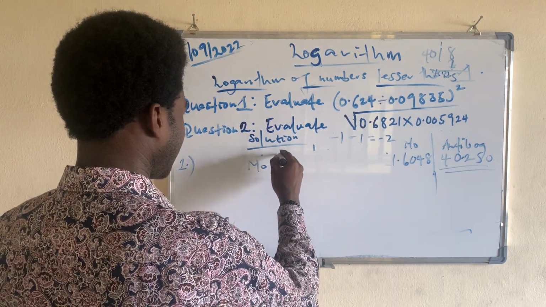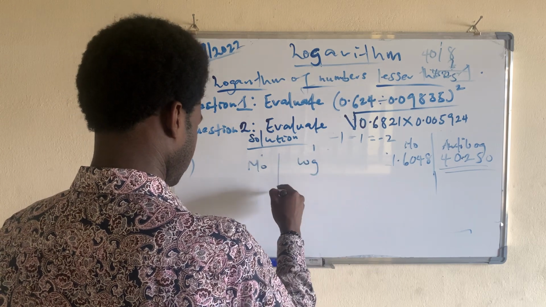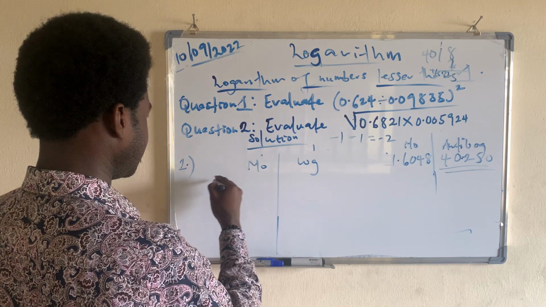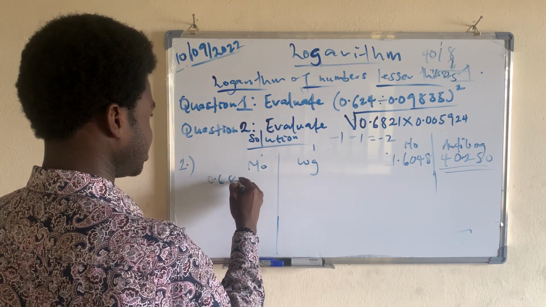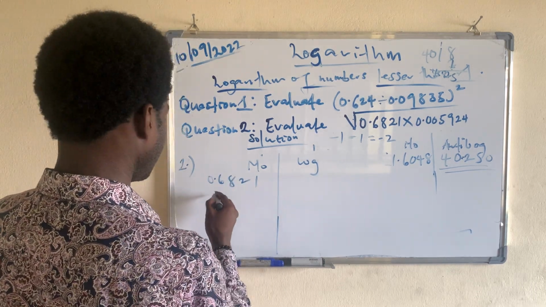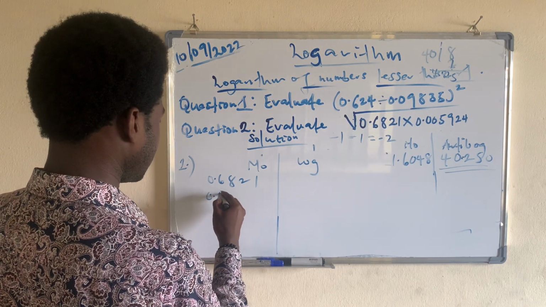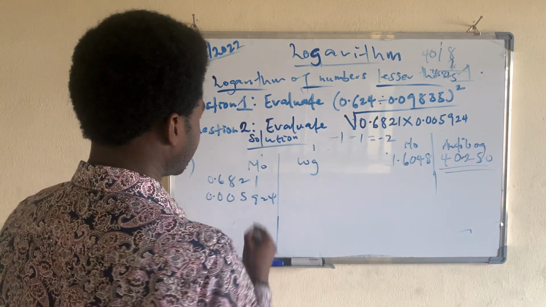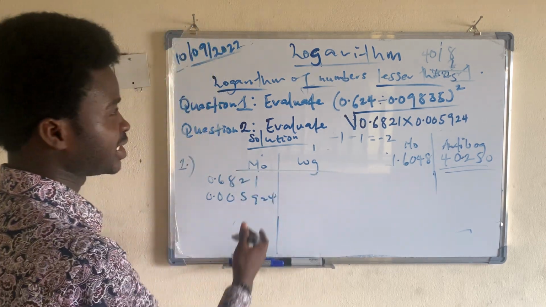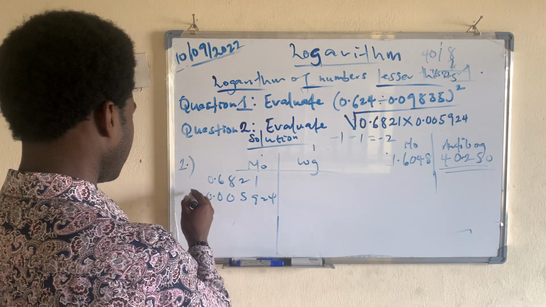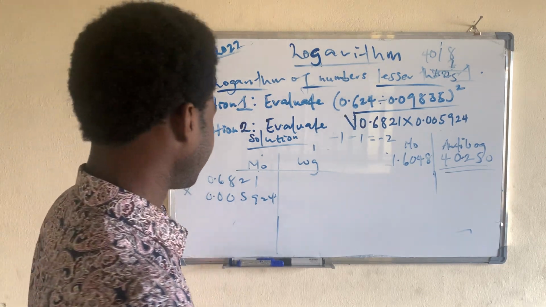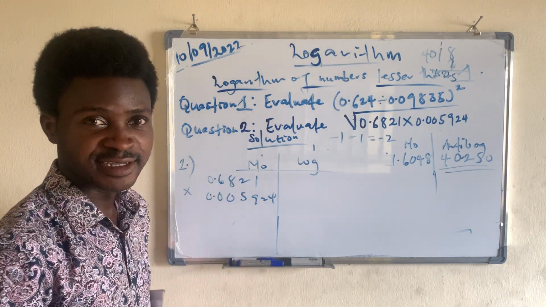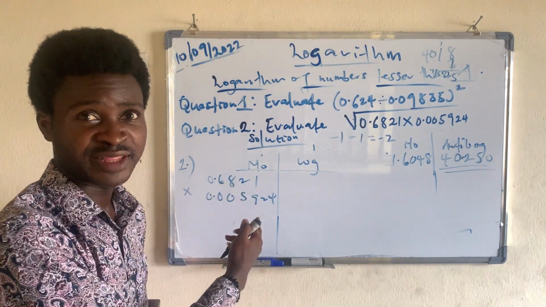So number and logarithm. We have 0.6821 and we have 0.005924. Okay, just the way we did that. In this case, we are multiplying.